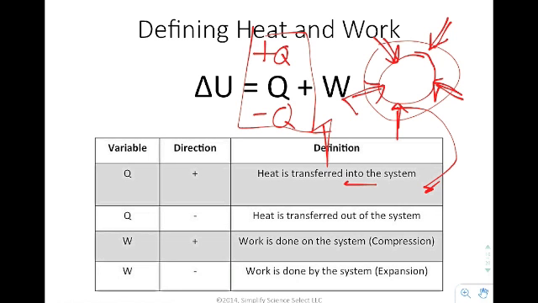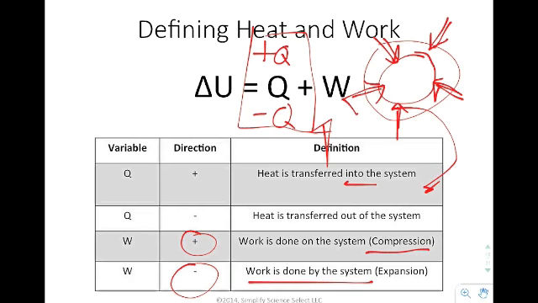So if you take a system and you compress it, if it gets smaller, we say that is a positive work value. Now, if you take a system and you let it expand or you stretch it out, we say work is done by the system, so the system loses that energy. So if a system expands, work is negative. If a system compresses, work is positive.